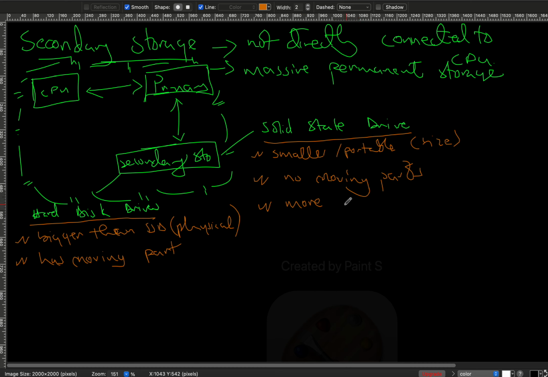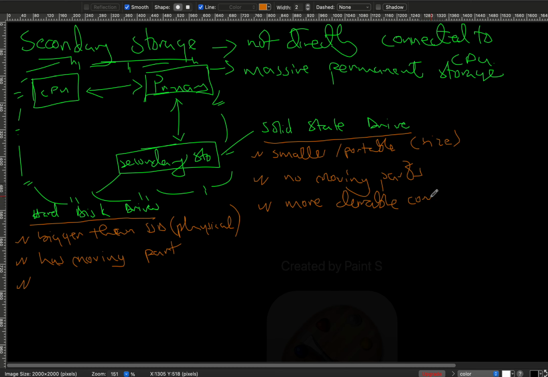Why? Because it can withstand shock. If you drop an SSD on a surface, it's likely not going to be hurt the way an HDD would, because the HDD has moving parts which are likely to cause problems inside. You get the point? So the SSD is more durable.